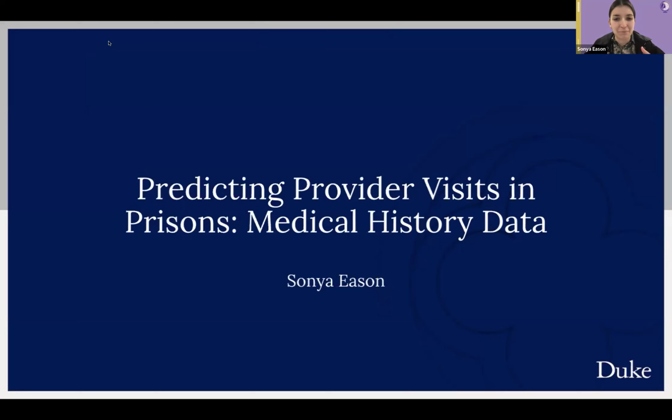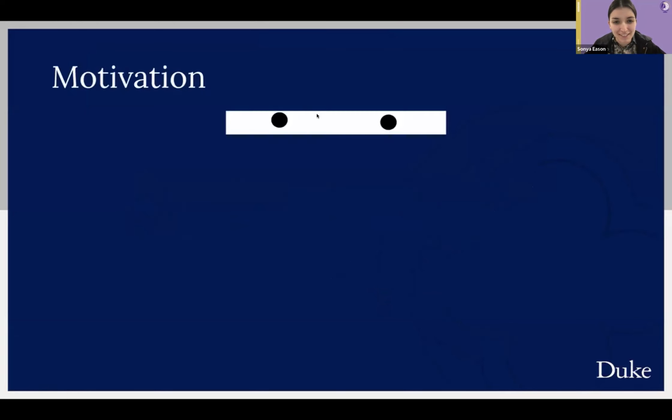I want to first talk a little bit about my motivation. Here I have 2 points, in the scheme of 20K plus data points in my data set. The end goal is to say, given the other observations we've noticed, that you are this likely to have seen a provider since being admitted to prison.